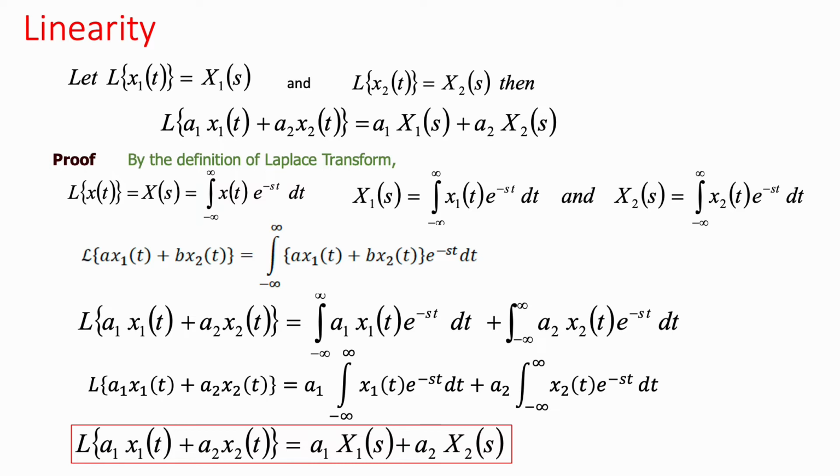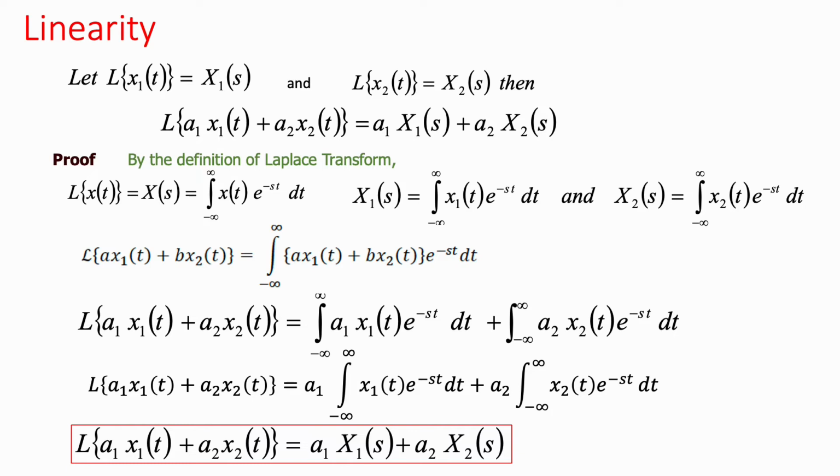We all know the Laplace transform formula, that is, the Laplace transform of x of t is x of s equals integration from minus infinity to plus infinity of x of t e power minus st dt. This is the Laplace transform formula. This is the definition, means x1 of s is equal to this with x1, similarly x2 of s can be written like this.